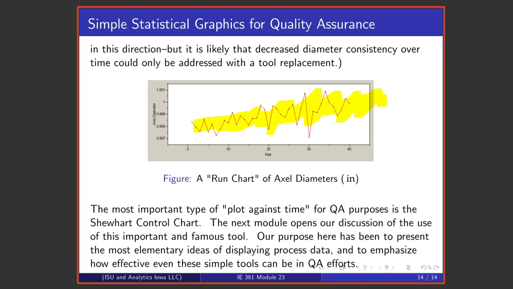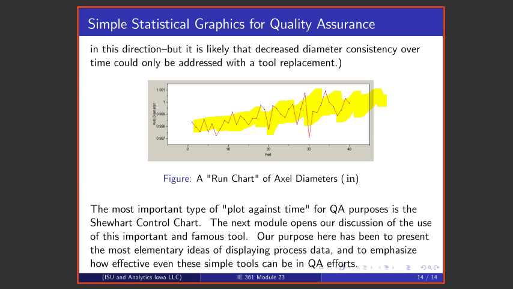As a cutting tool wears, if I'm pushing it in the same amount to a workpiece, the workpieces will tend to get larger with time, and they will also tend to be more variable with time, and that's the picture that's being shown here.